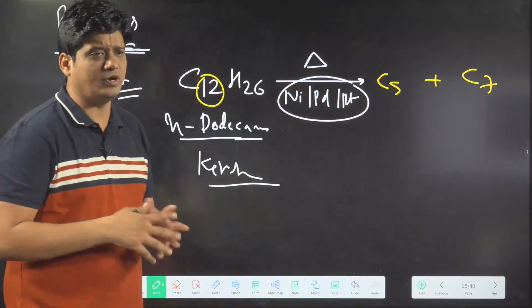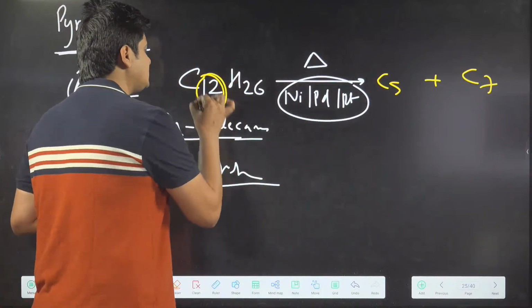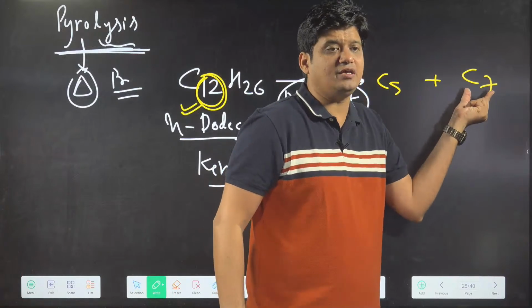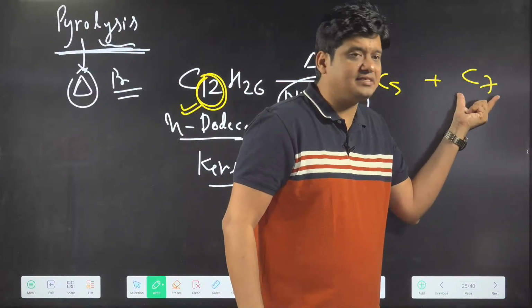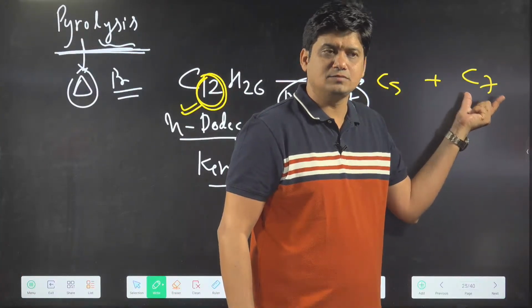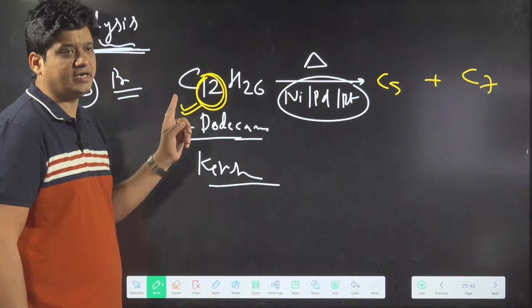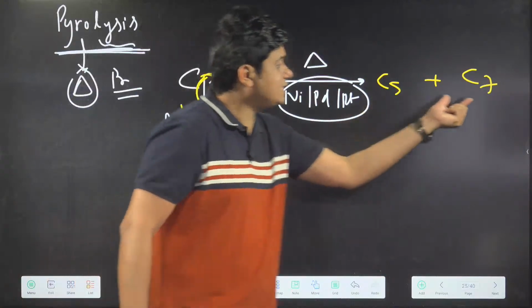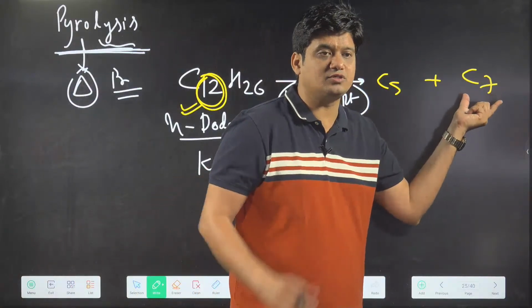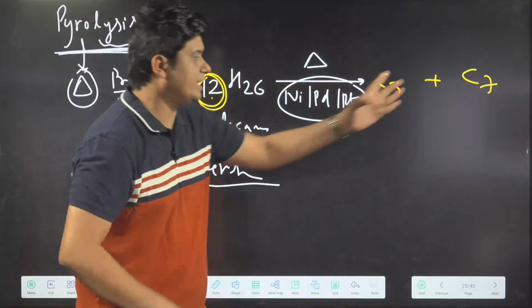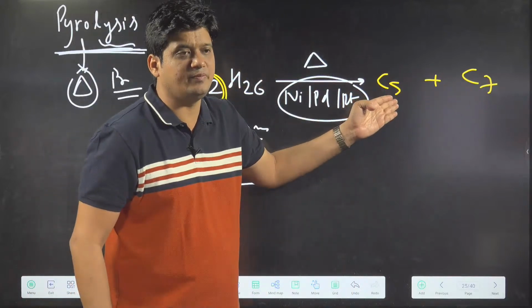Very easy: 12 months, and 7 days in a week. So the substrate is decided, then 7 days in a week gives C7. Obviously the total count must be 12. If one is 7, anyone can say the other will be C5.